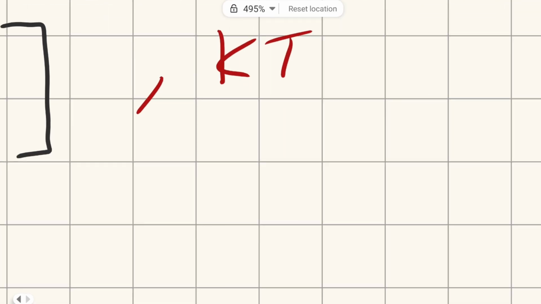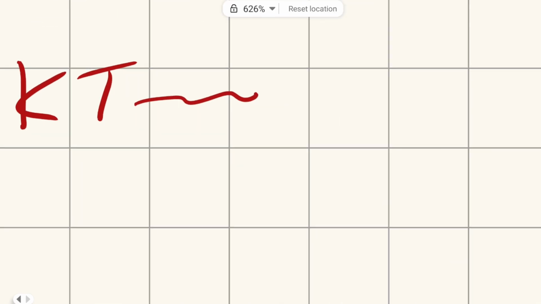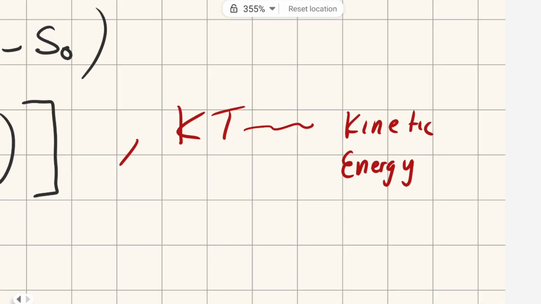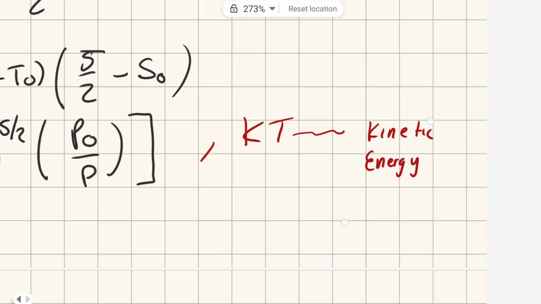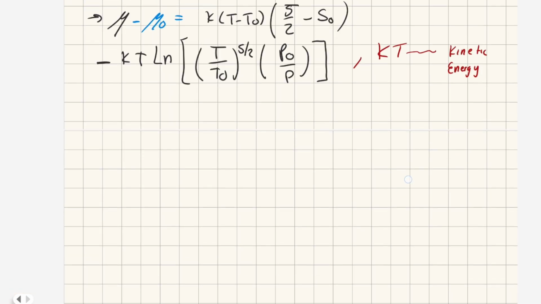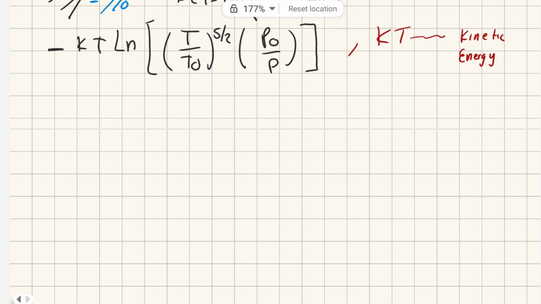And remember that we made another lesson speaking about the entropy of the ideal gas, where we mentioned that this quantity is proportional to the kinetic energy of the ideal gas. Actually, the total kinetic energy, which is the sum of the kinetic energies of the particles that compose the ideal gas. Okay, so I think that is an interesting fact to mention.